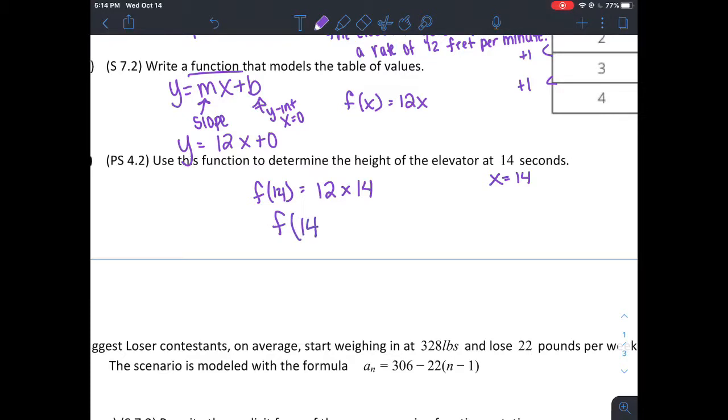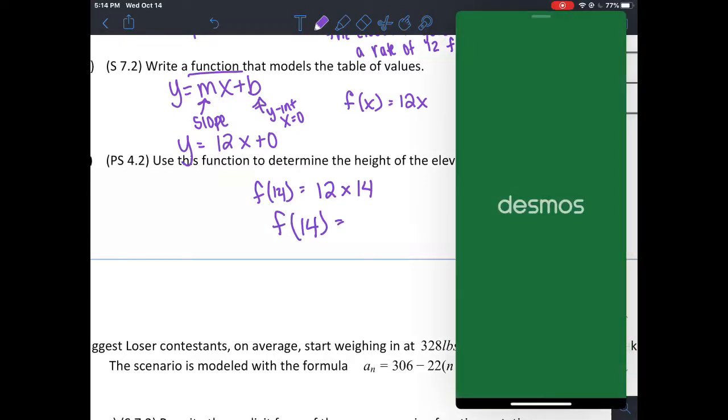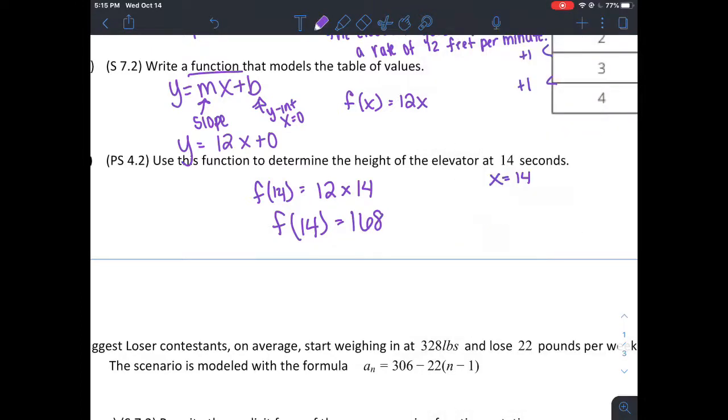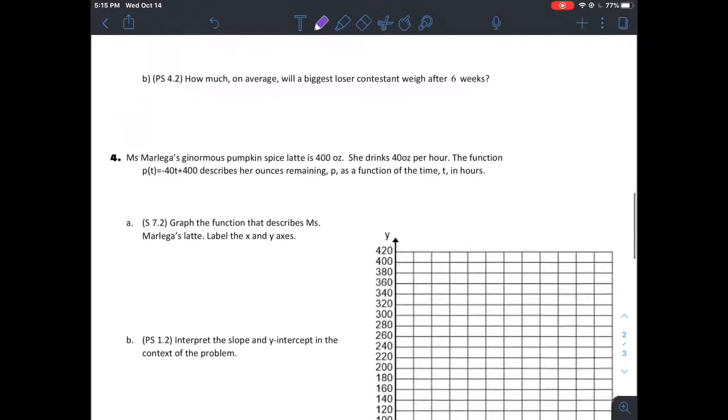Okay, f of 14 equals, and I'm so bad at my mental math, so I'll just use my calculator. 12 times 14 is 168. Remember to answer with units. So this is 168 feet at 14 seconds. Perfect.